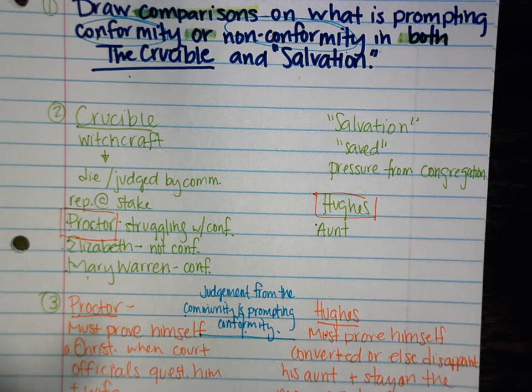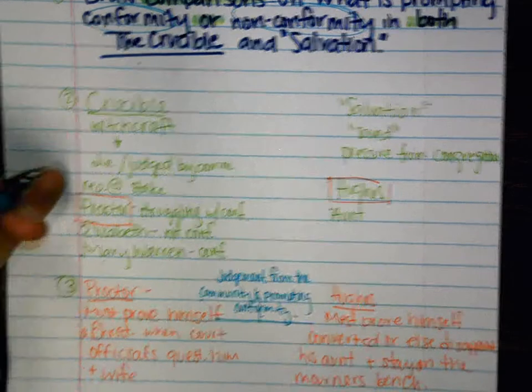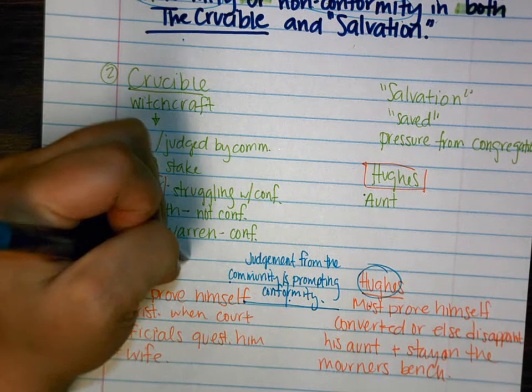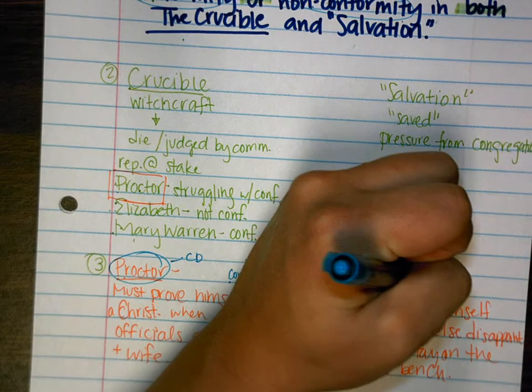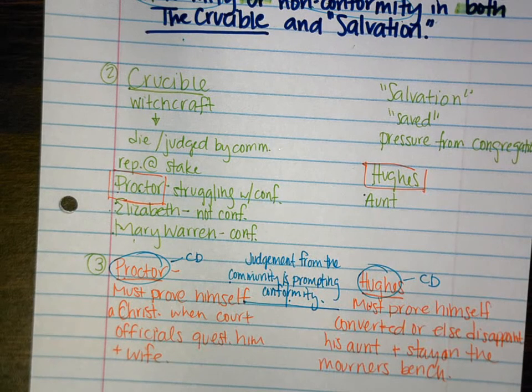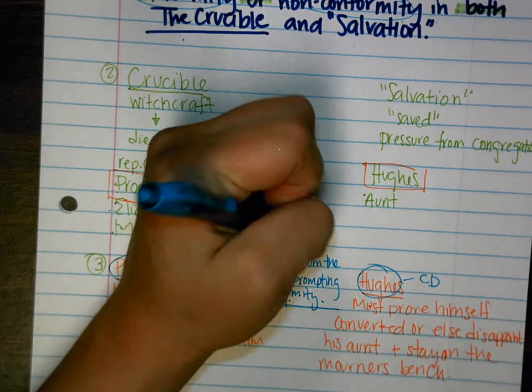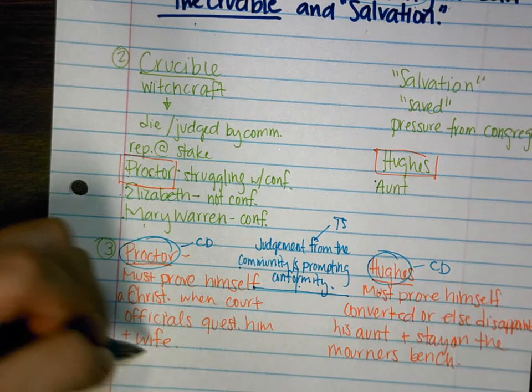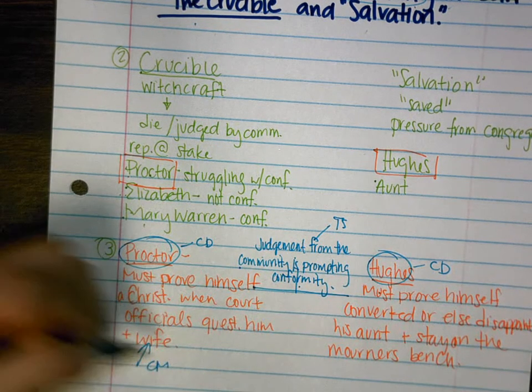Okay, so what we have right here, these two characters themselves are kind of like concrete details, okay, that are helping me make my point. This, of course, is like my topic sentence. This right here would be the beginning of some commentary.